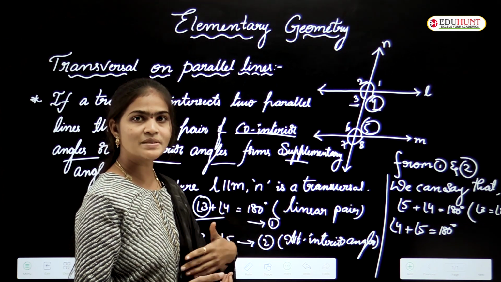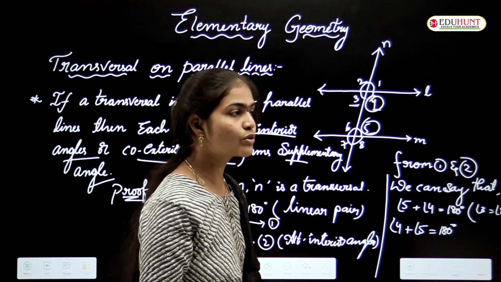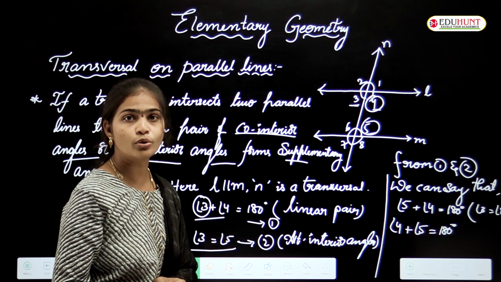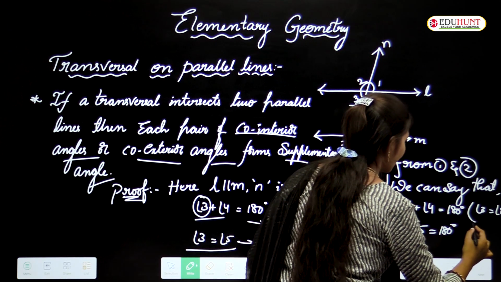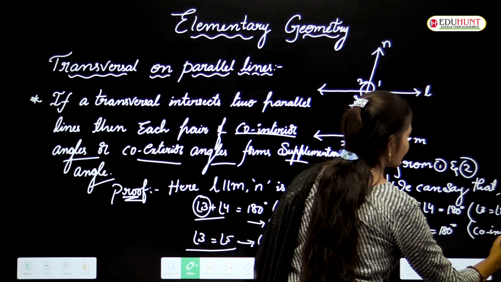So all these steps relate to co-interior angles. So angle 4 and angle 5 are co-interior angles.